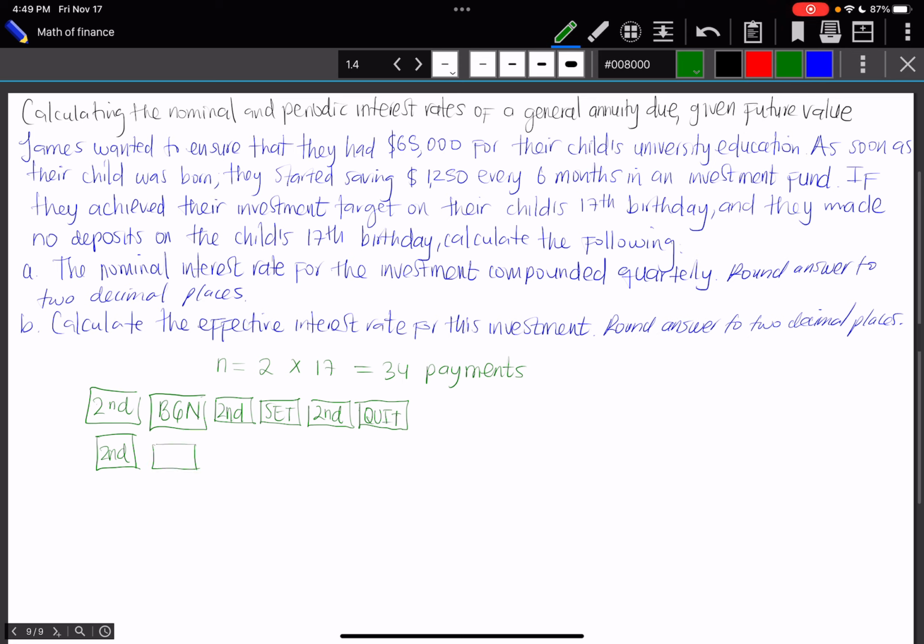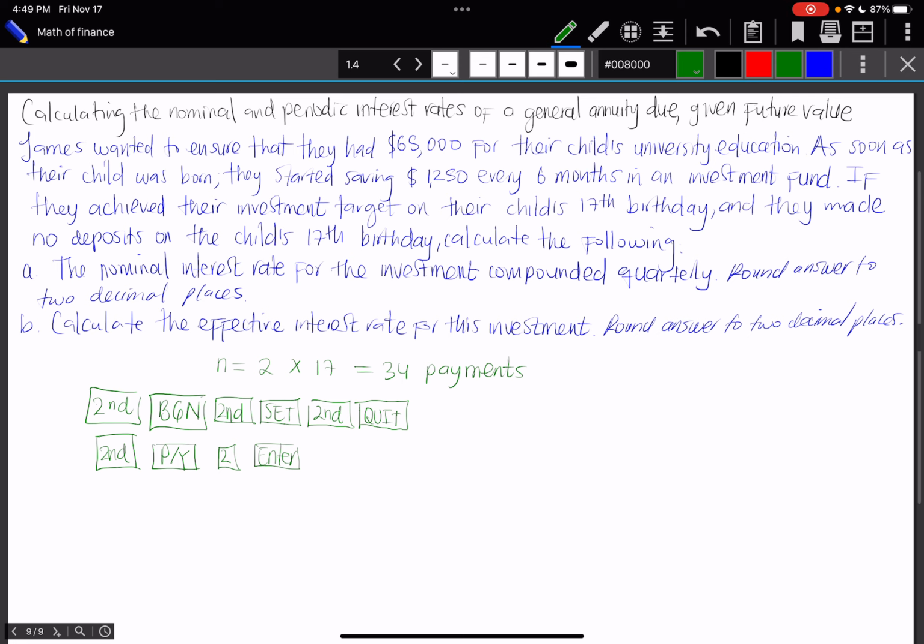Okay. Then we go with second, and then P over Y, and then the number 2, and then enter. We have just set the 2 to mean that payments are made every 6 months. Okay.